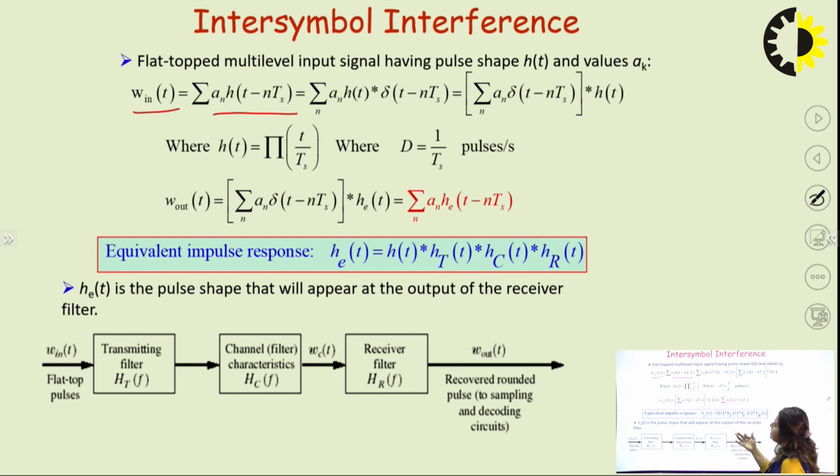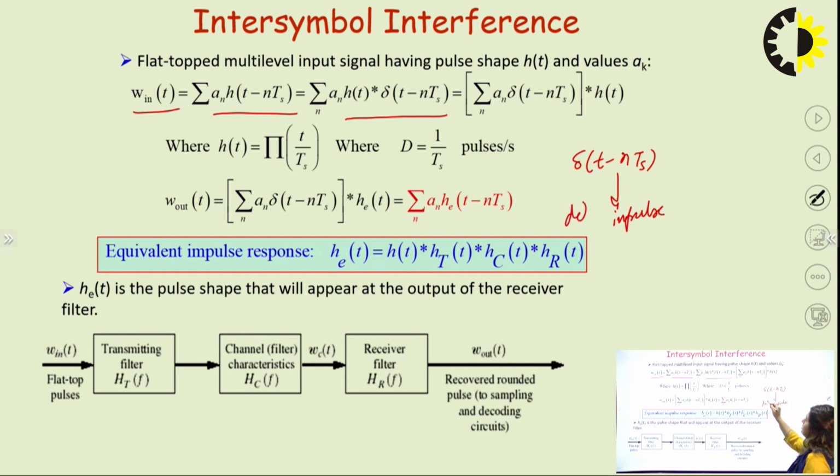So this representation can be split like this also: summation over n of A_n h(t) convolved with δ(t − nT_s), where δ(t − nT_s) is the shifted or delayed impulse. It can be written as summation over A_n δ(t − nT_s) convolved with h(t), where h(t) is a rectangular pulse, a rect type of signal, because the data are in pulses.